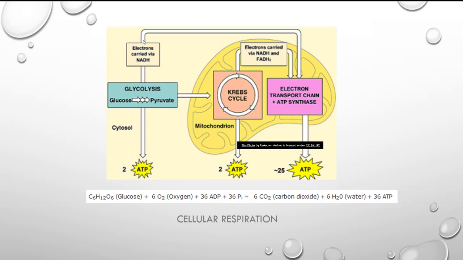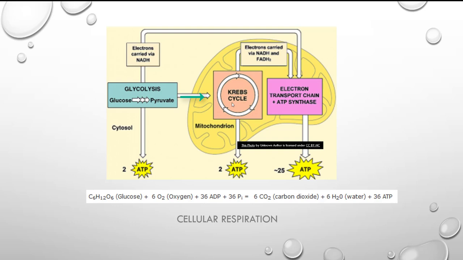Okay, so you can see those electron carriers are going to be shuttled into the mitochondrion where they'll be used later on in the electron transport chain. We'll get to that in a little bit. So next we're going to talk about this pyruvate. So the two 3-carbon chain pyruvate molecules are going to now travel into the mitochondrion.